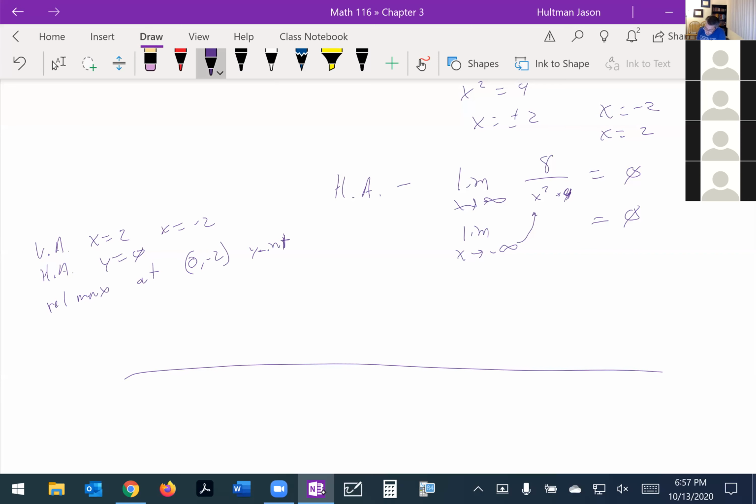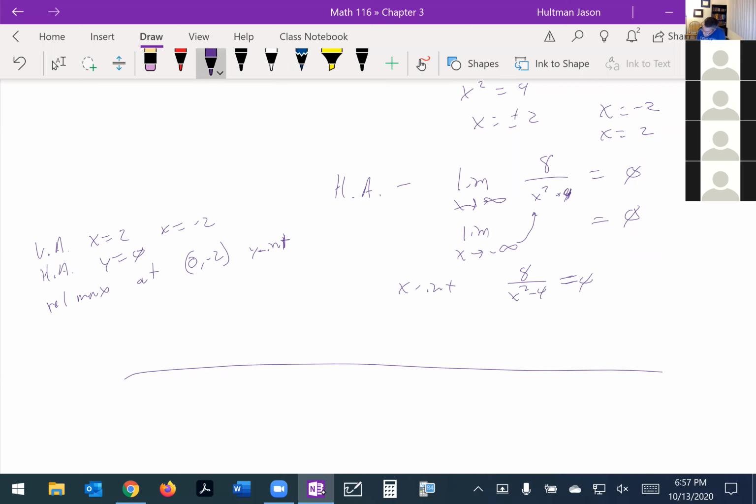We know the y-intercept. Let's just get the x-intercept real quick. What would be the x-intercept? Can the original function, 8 over x squared minus 4, ever equal 0?